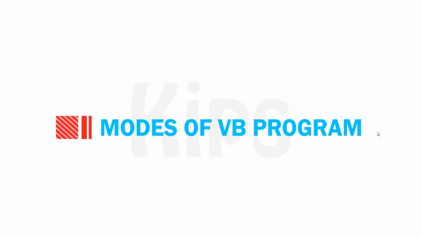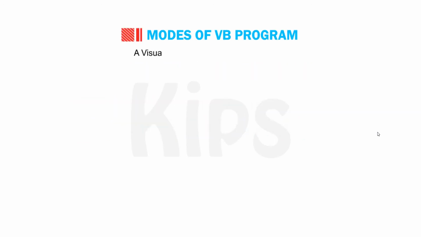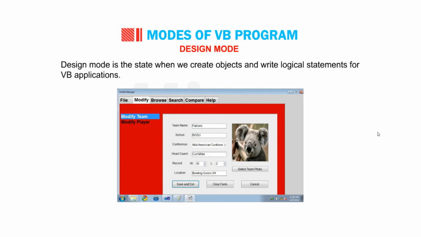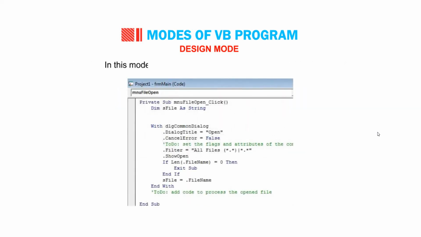Alright, let's now talk about the modes of a VB program. The Visual Basic program has three modes. Design mode is the state when we create objects and write logical statements for VB applications. In this mode, the programmer plays a very important role.